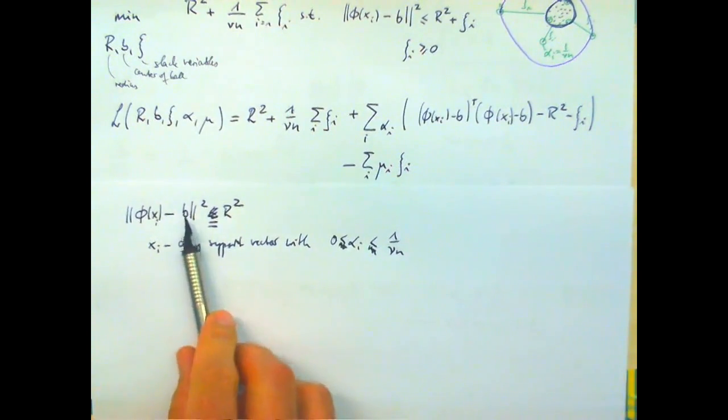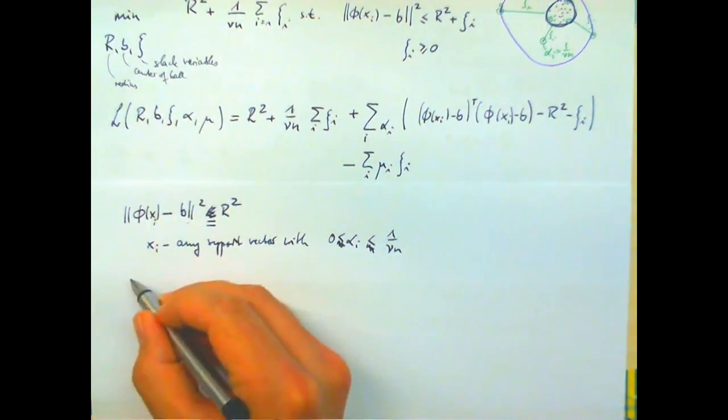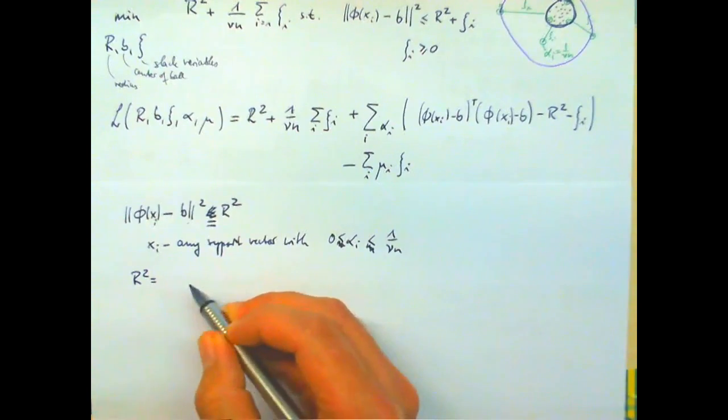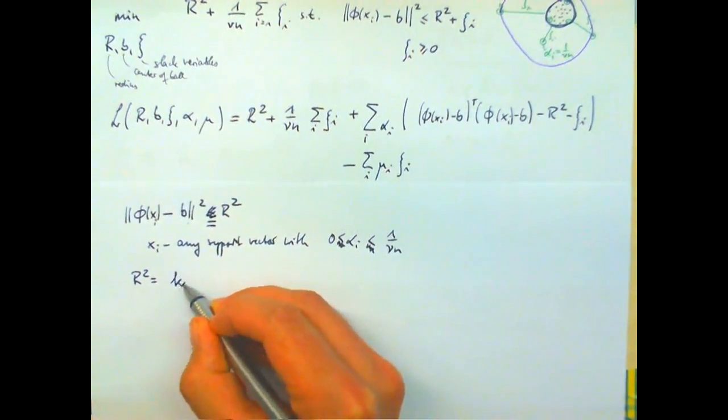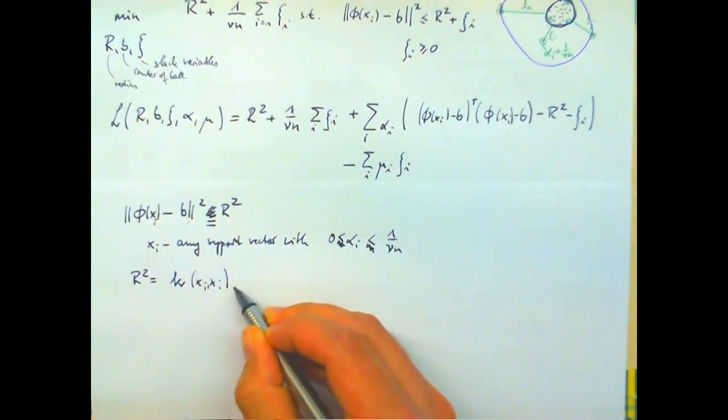Okay, and if I want to insert what I found for B, I can rewrite this as the kernel.